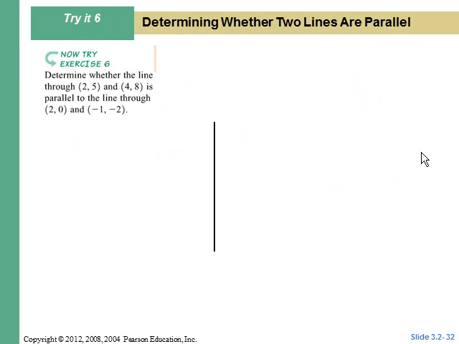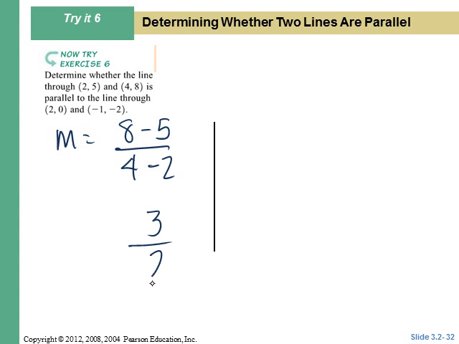Okay. Determine whether these lines are parallel. Okay, so let's take the first 2 points. 8 minus 5 over 4 minus 2. 8 minus 5 is 3. 4 minus 2 is 2. Let's do the second points.